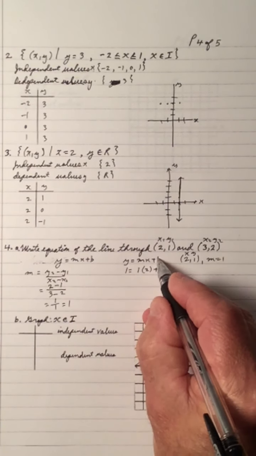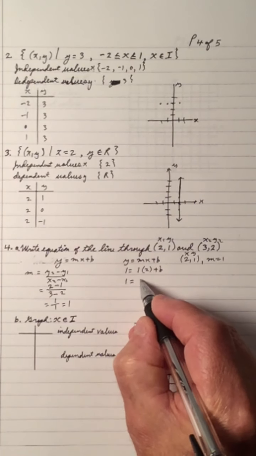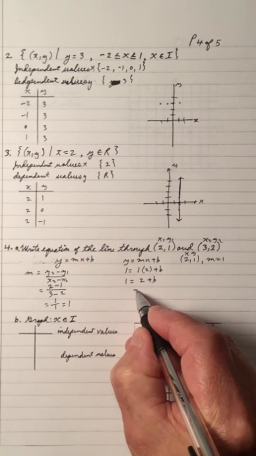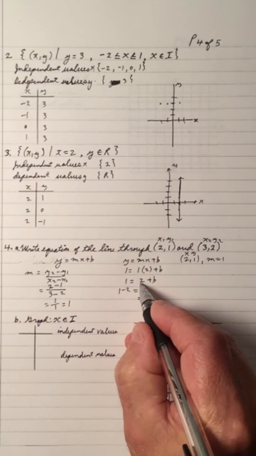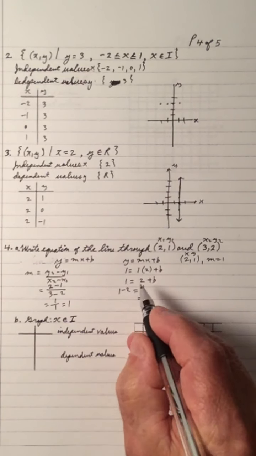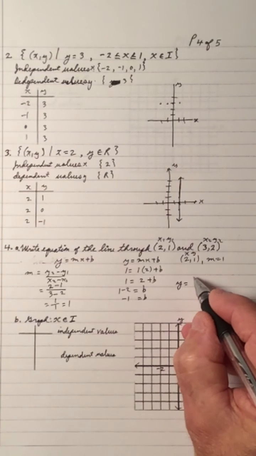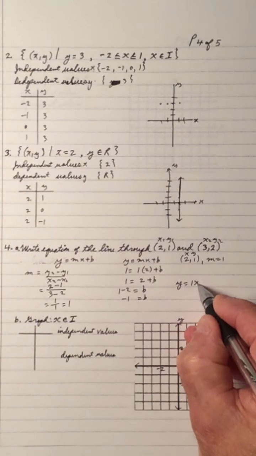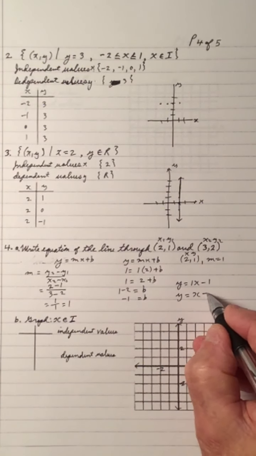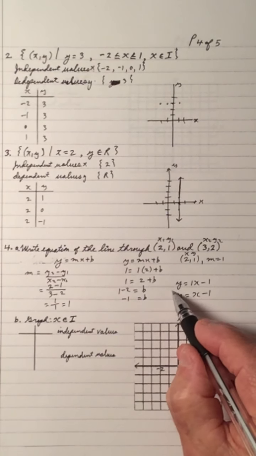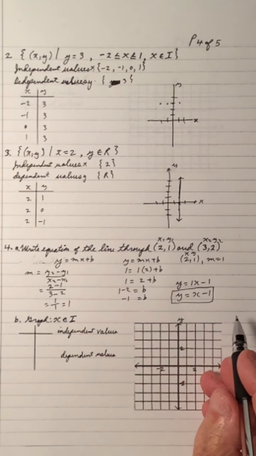When I fill those 3 variables in, the only unknown I have is my b, which is my y-intercept. Leave my b there. And that 2 moves over to the left and becomes a negative, so there's -1. So the equation is y equals mx plus b. The slope is 1x minus 1. Or we could go y equals x minus 1. That's the equation that represents this line in slope-intercept form.